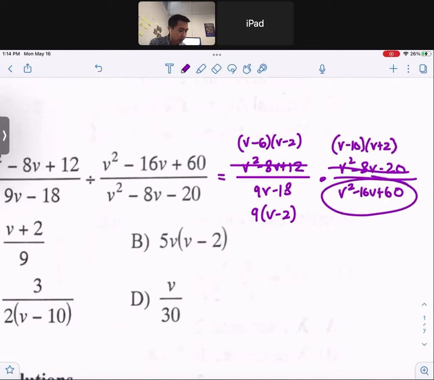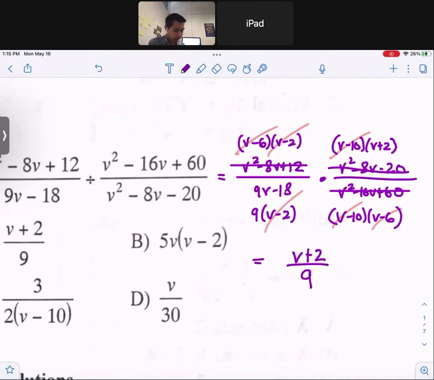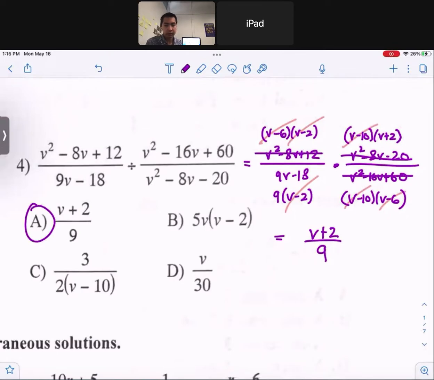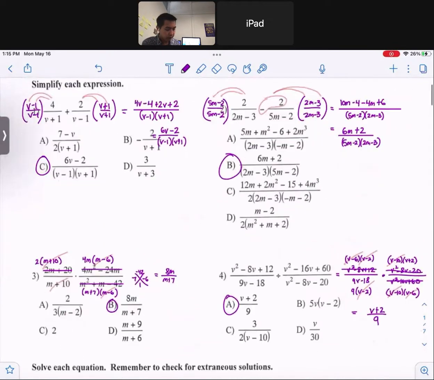And then here we can factor that to get v minus 10 times v minus 6. Then we cancel from top and bottom: the v minus 10 pairs, v minus 6 cancels, v minus 2 cancels. So all we have left is v plus 2 up top and 9 on the bottom, which is A. All right, so there's those 4.